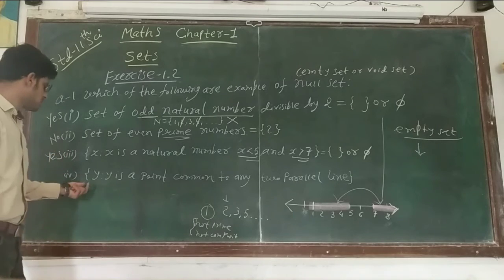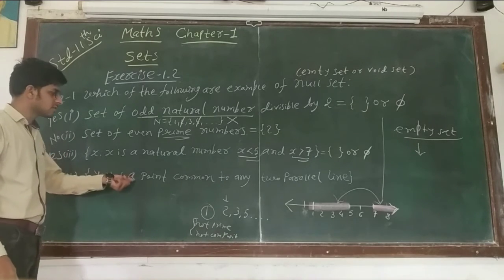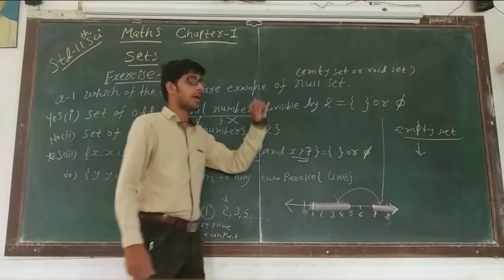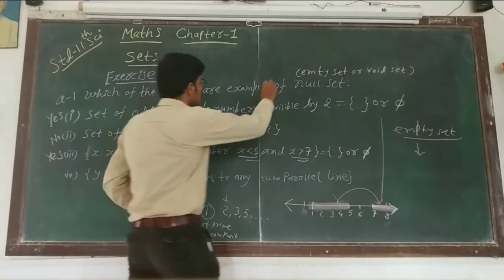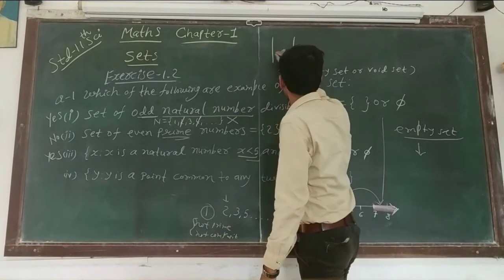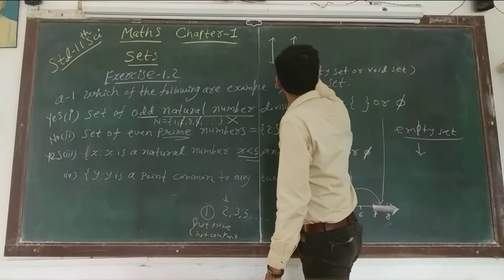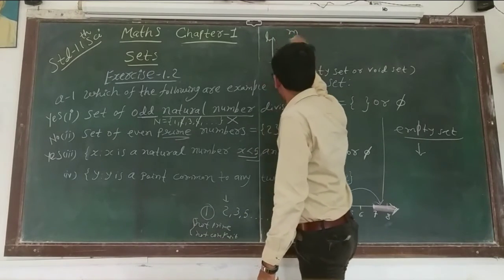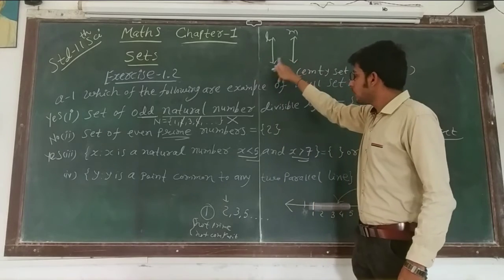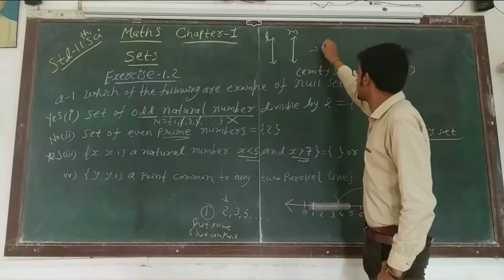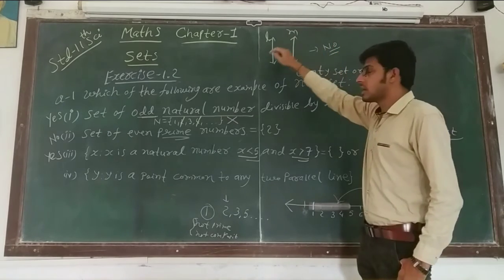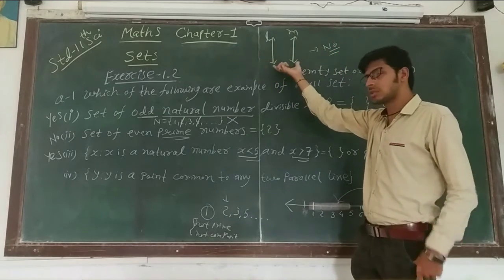Fourth one, y such that y is a point common to any two parallel lines. So we have to draw two parallel lines and check. These two are parallel lines L and M. We have to check whether any point is common, yes or no. Simply the answer is no, because they are not intersecting, because both are parallel.